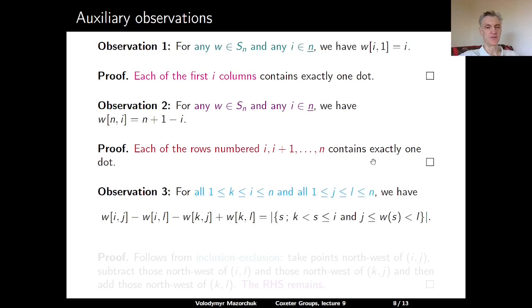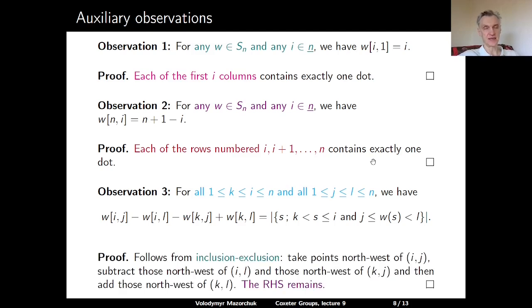And observation 3, for all pairs k and i between 1 and n such that k is less than or equal to i, and all pairs j and l between 1 and n such that j is less than or equal to l, w_{i,j} minus w_{i,l} minus w_{k,j} plus w_{k,l} equals the number of points s strictly greater than k and less than or equal to i, such that w of s is greater than or equal to j and strictly less than l.